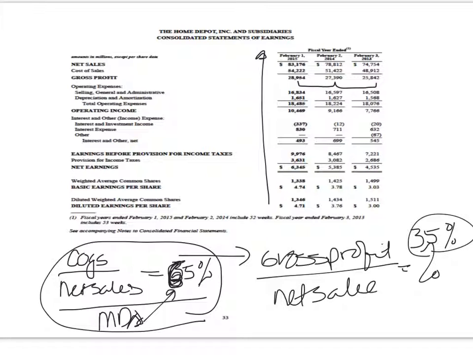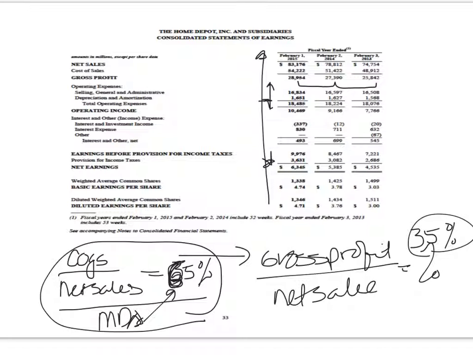Okay, so firms always want to maintain or increase margin, because the more money you make here, the more money you can spend on things like advertising or R&D. And if you don't spend any more money, then it's going to drop to your bottom line. Typically, it remains constant, as you will see here, pretty much 35% across this business in what we would call stable industries.